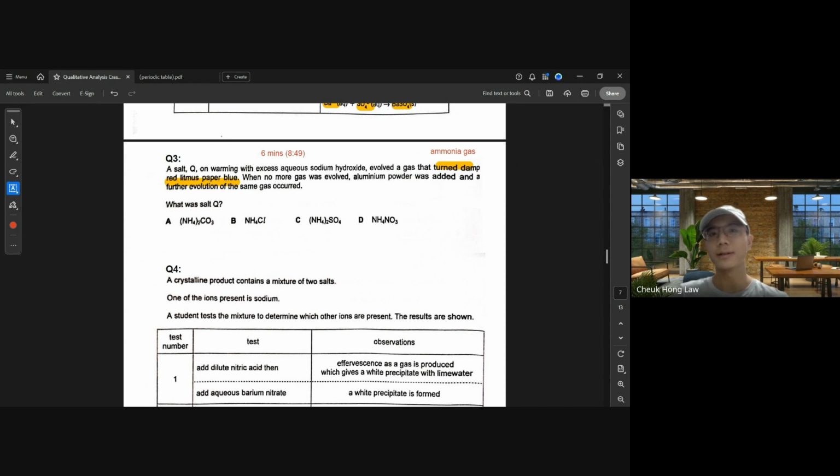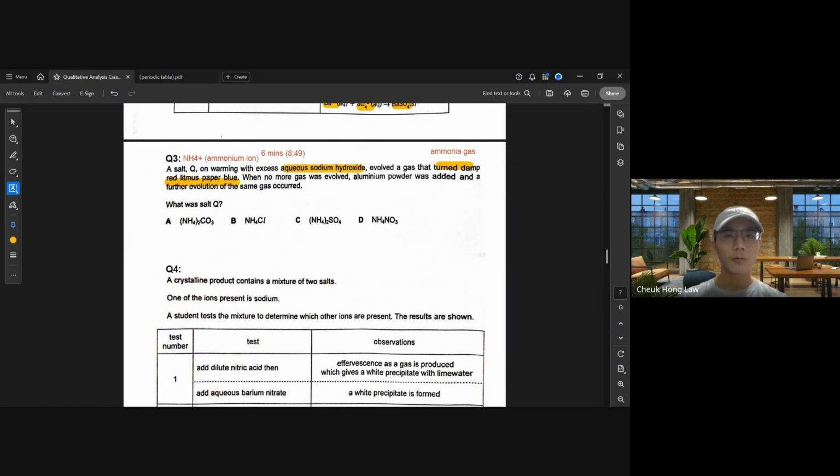This tells me that this salt contains NH4+, also known as the ammonium ion, because ammonium salts react with bases or alkalis like sodium hydroxide to form salt, water and ammonia gas.